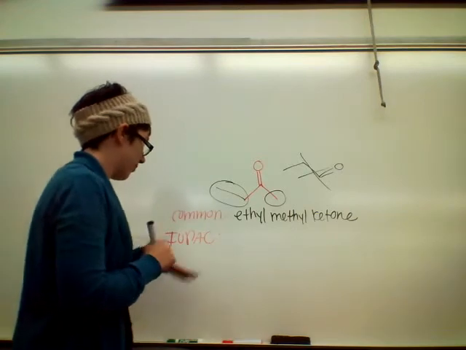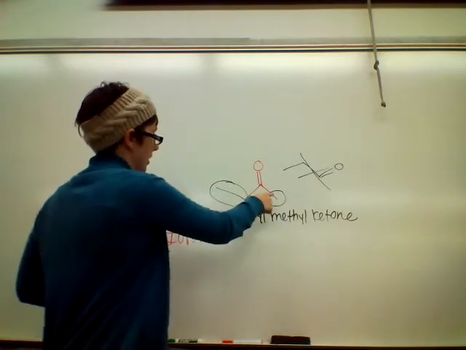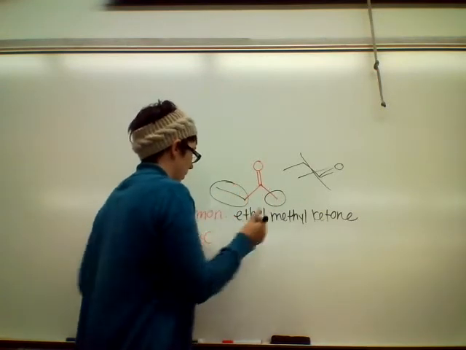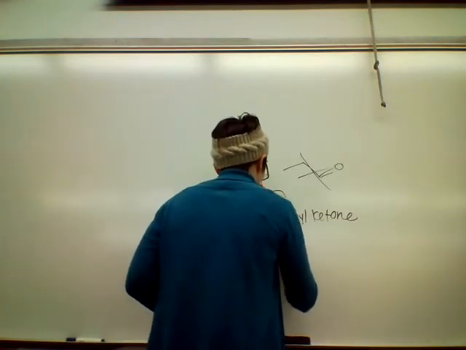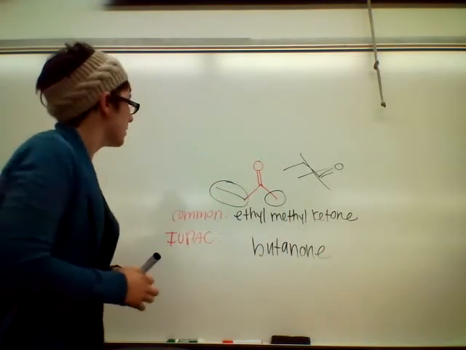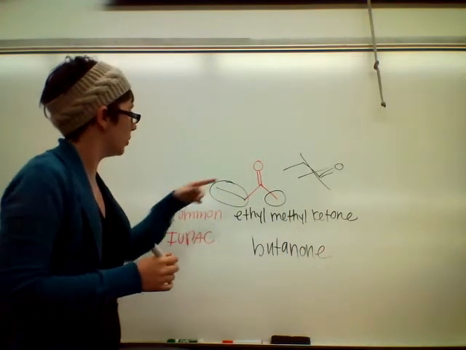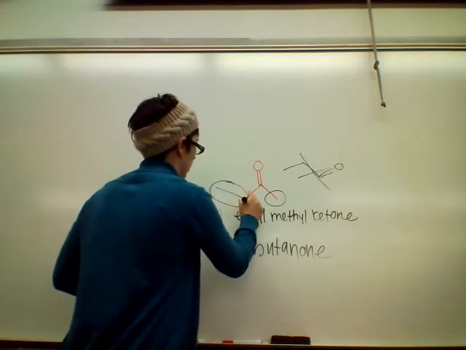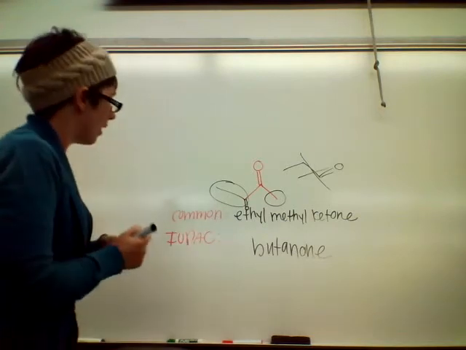The IUPAC name for this, since there are 4 total carbons, 1, 2, 3, 4, is going to be butanone. But we don't need to say 2-butanone, because the only other place where you could put the carbonyl would be right here. So let's go ahead and do that.